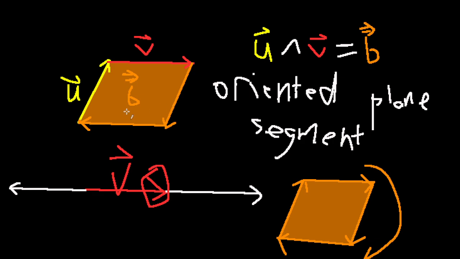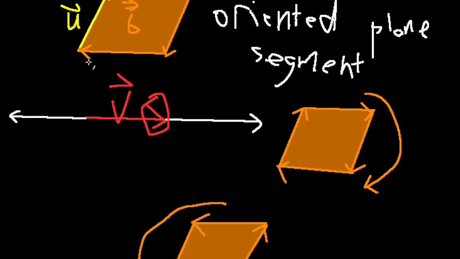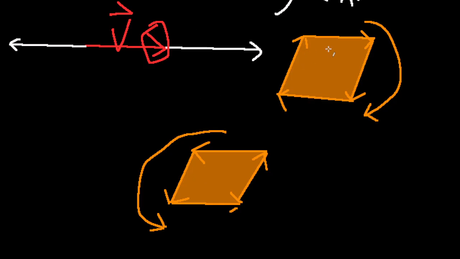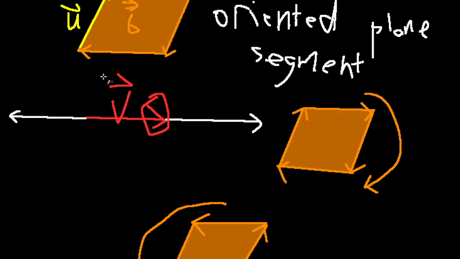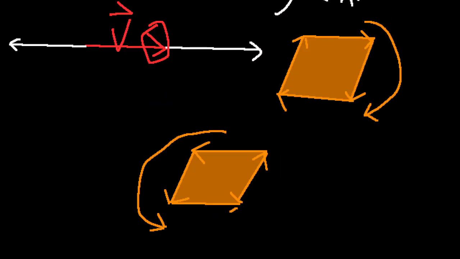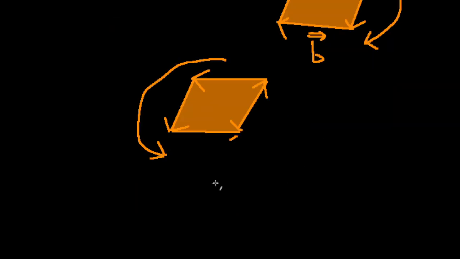Just like a vector within a line can have two different orientations, a bivector within a plane can have two different orientations within its plane. Now this bivector over here we can label as B with the double arrow on top. But this bivector over here is actually negative B.